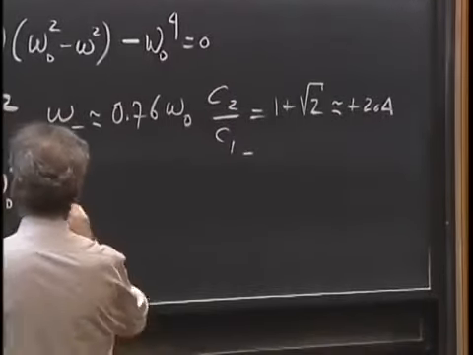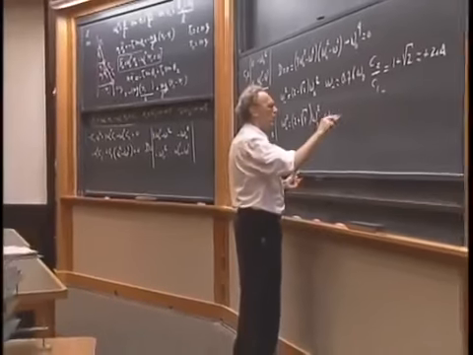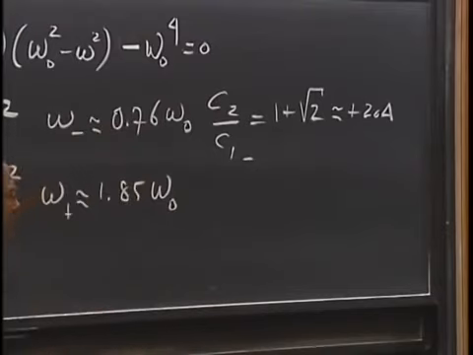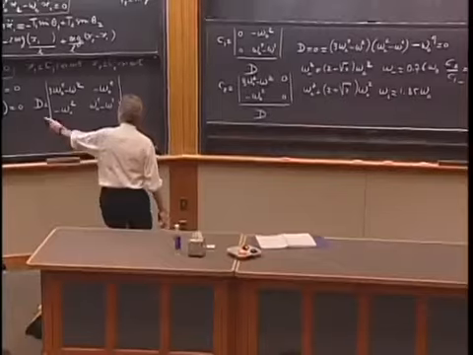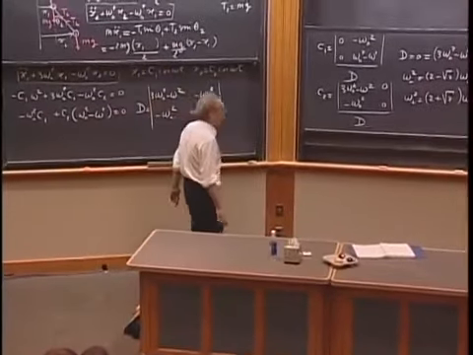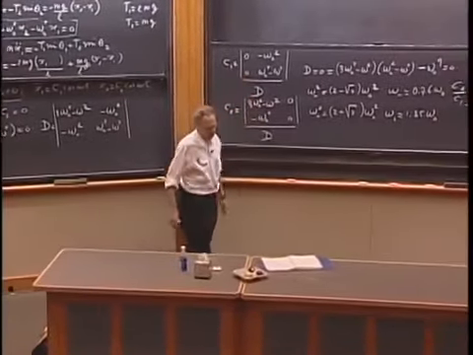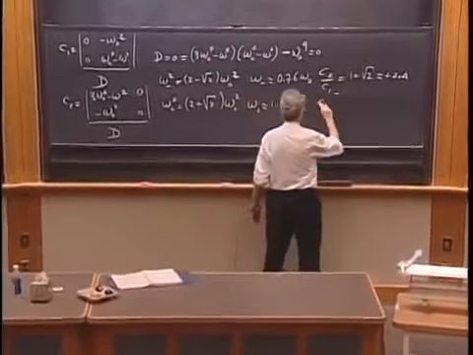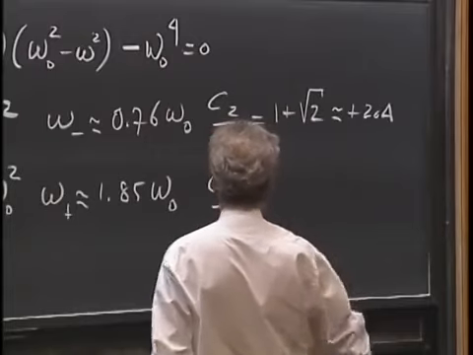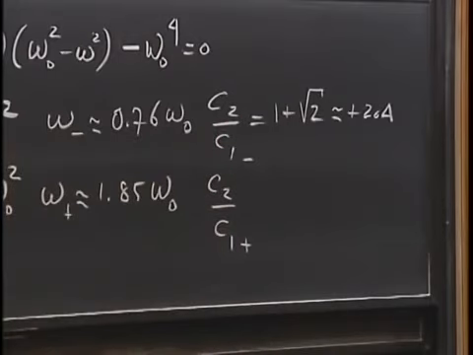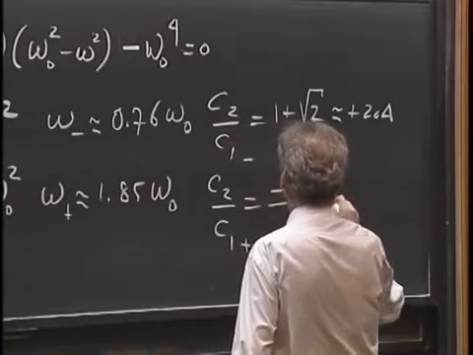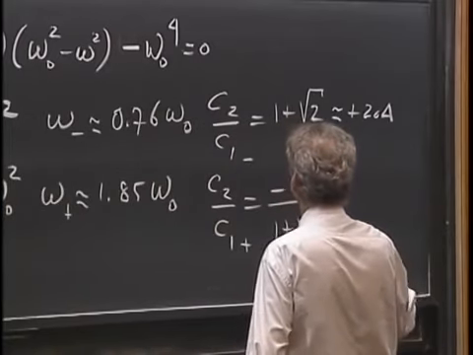And the omega plus solution gives you a frequency which is about 0.85 omega 0. That solution you can put back into your differential equations, or into this one, if you want to, and you will find now that C2 over C1 for that plus mode, I call this the plus mode, that's my shorthand notation, is going to be minus 1 divided by 1 plus the square root of 2.